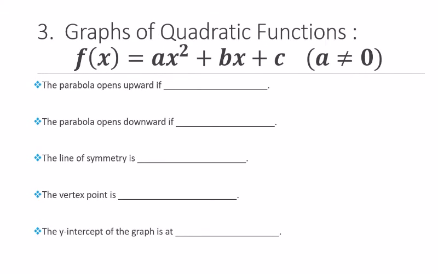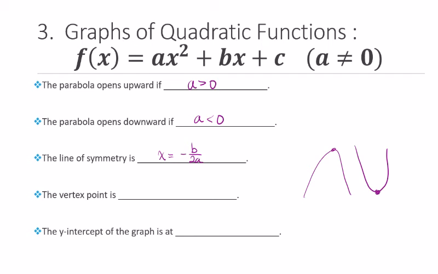A parabola opens upward if, and we're looking at a for this one, a is greater than 0. The parabola opens downward if a is negative, or less than 0. So positive a opens upward, negative a opens downward. The line of symmetry is x equals negative b over 2a. Now remember, the vertex point is the tippy top or the bitty bottom.